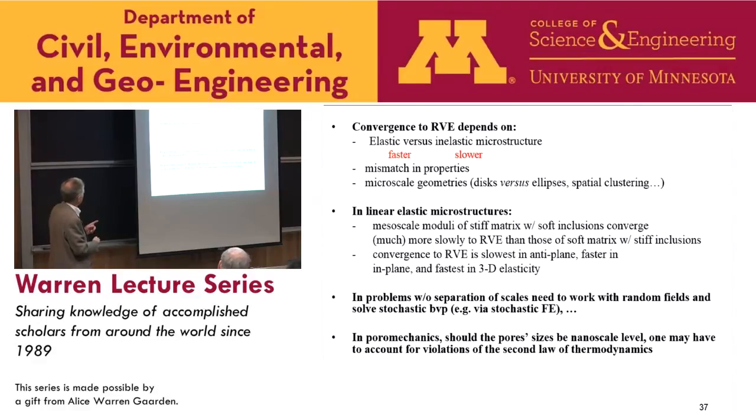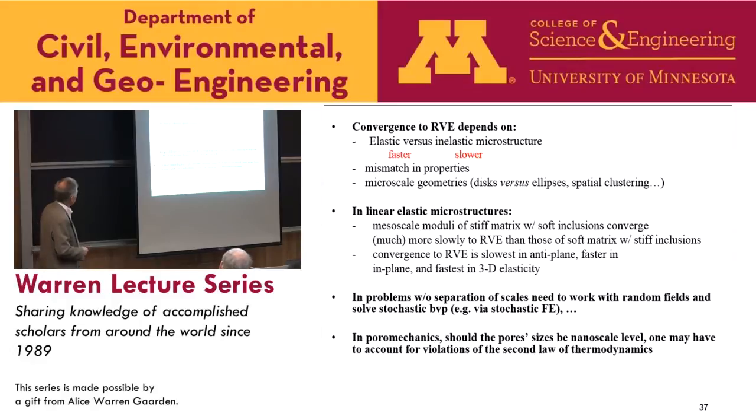But actually, convergence to RV is slowest in anti-plane elasticity, is faster in in-plane elasticity, and fastest in 3D elasticity. And the way I understand it is that the kernel of the elasticity problem in 3D has a different form than the kernel in 2D or anti-plane elasticity. So anti-plane is kind of quickest to program and quickest to run, but in the end you have to run bigger domains. So there are various trade-offs.